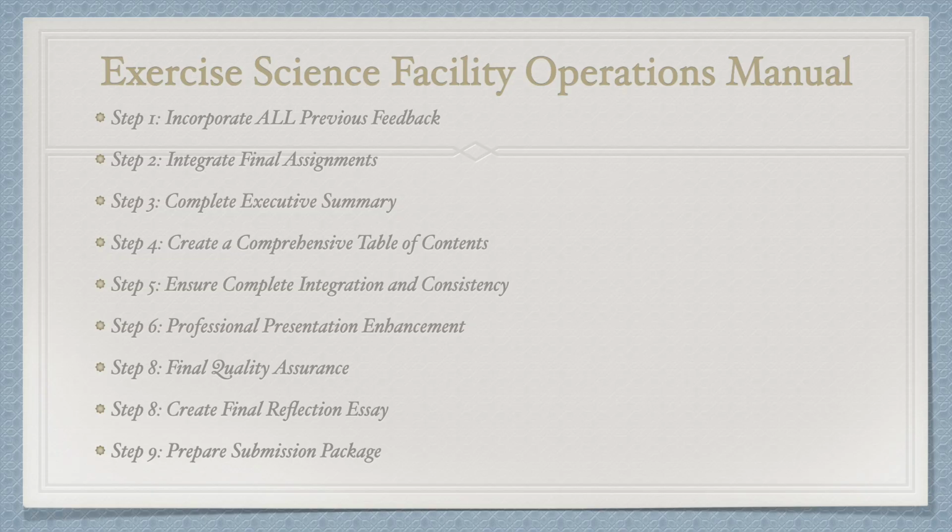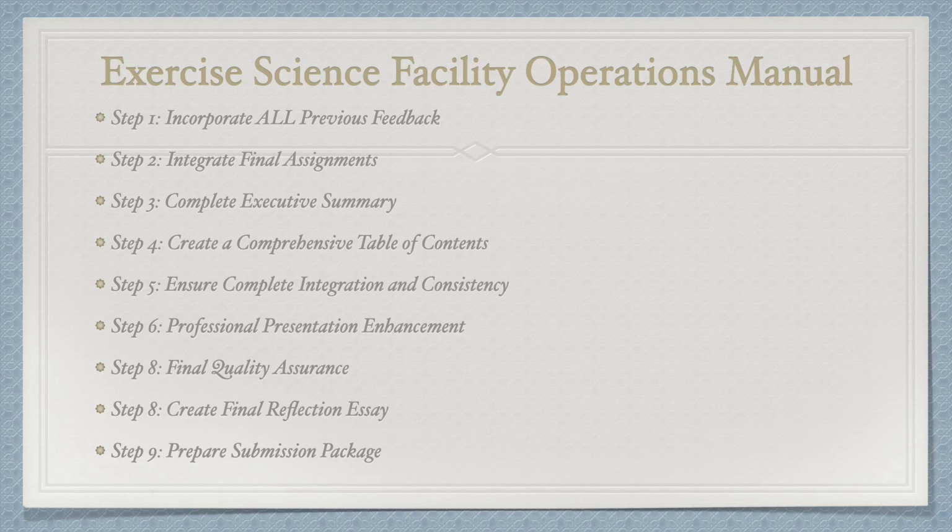Step 5, professional presentation enhancement, visual design. Create or refine a professional cover page: facility name and logo, operations manual, date, version number, author name. Formatting excellence. Make sure that everything looks professional. Pretend that you're turning this in to a board of directors. You want to make sure everything looks great, and I'll leave the rest of that.